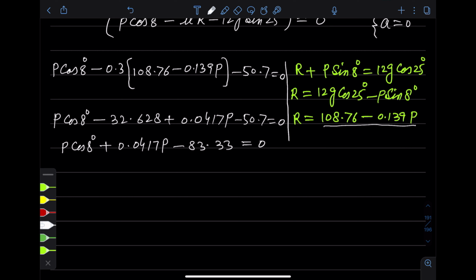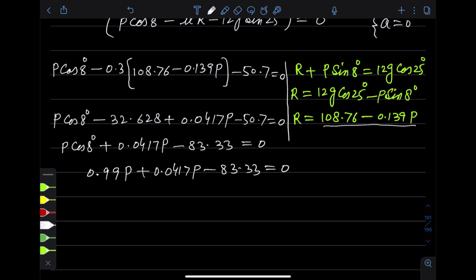So adding these two, तो p कॉमन ले ले, P cos 8 degree that becomes 0.99 p plus 0.0417 p minus 83.33 is equal to 0.